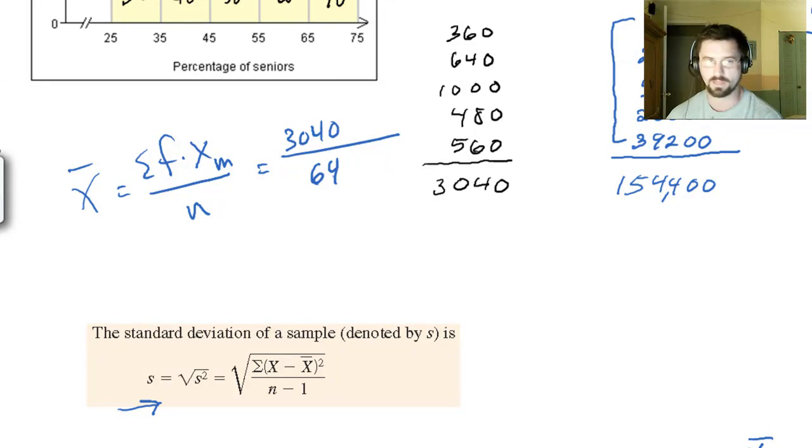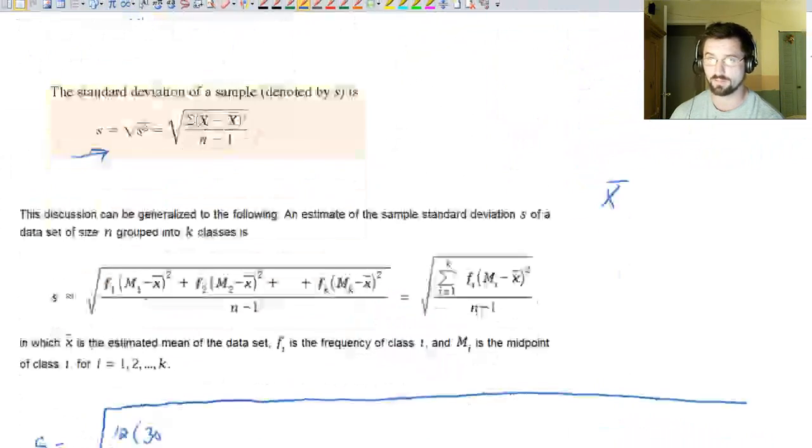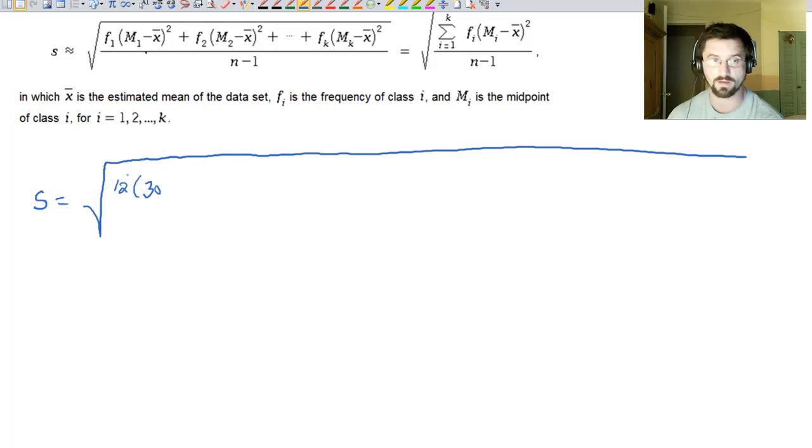I don't know what that is. Ends in a 0, so it might be 45. It's certainly not 50, because that would be 3,200. But anyways, whatever that is, we're just going to leave it as x bar, because I'm not actually going to calculate here.